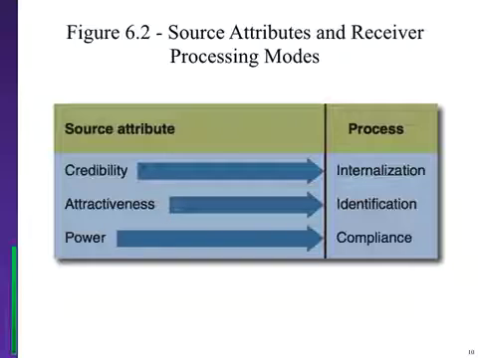Power is another factor that affects the source. If the source has some level of power that they can reward or punish the receiver, then that will impact this process, because the receiver feels that they have to comply with the source. So the level of compliance is based on the level of power that that source has.